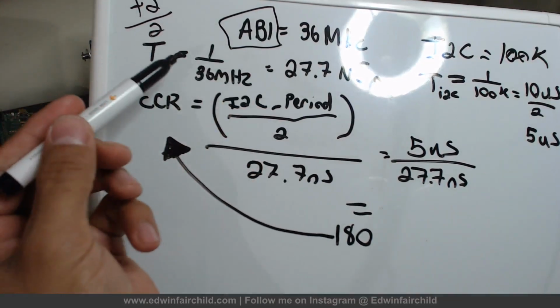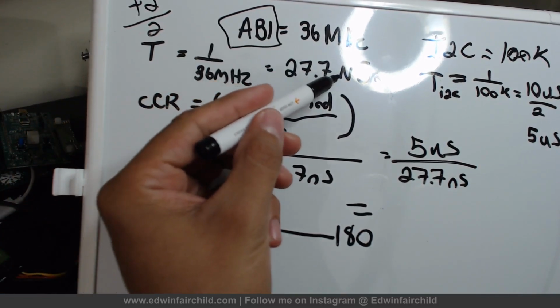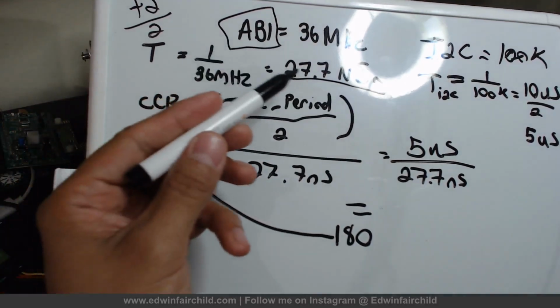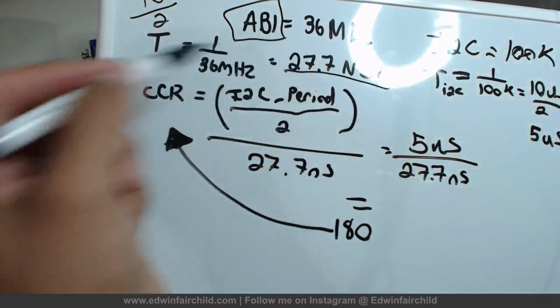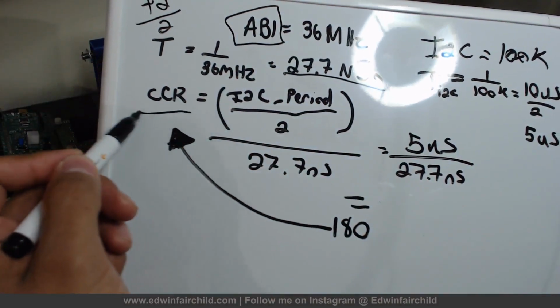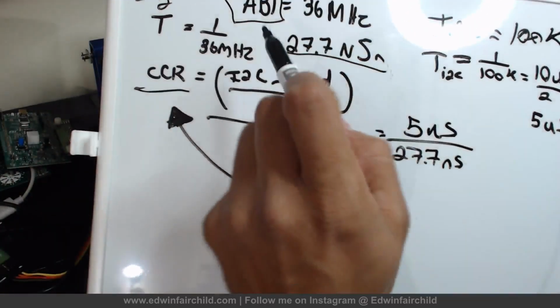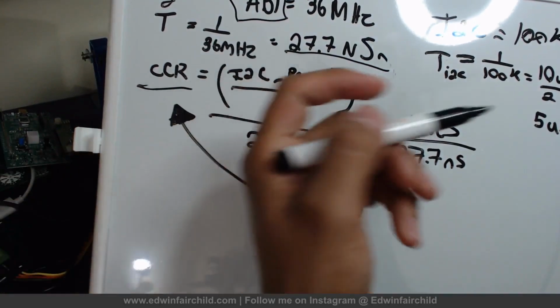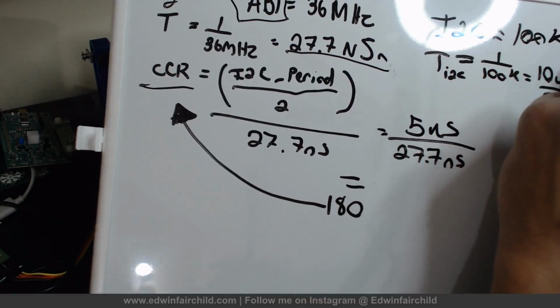The period of any frequency is 1 over the frequency, so it is 27.7 nanoseconds. So we got this number saved in our head. We're doing all of that because we want to figure out what to put in this CCR register. So then you're gonna pick a frequency that you want for your I2C. I chose just generically 100 kilohertz.